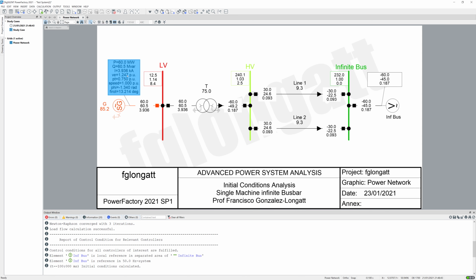We are calculating the internal voltage, the angles, the speed, okay? Of course, the initial rotational speed here is 1 per unit because this is a synchronous machine, and synchronous machines are working at synchronous speed in a steady state. That is the reason that we got 1.0 per unit, okay?